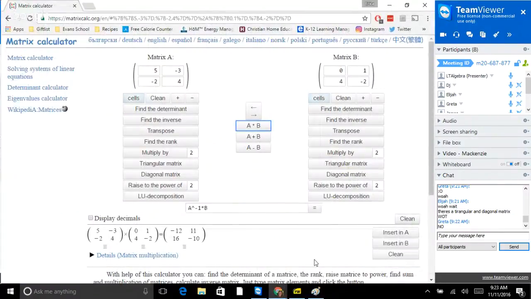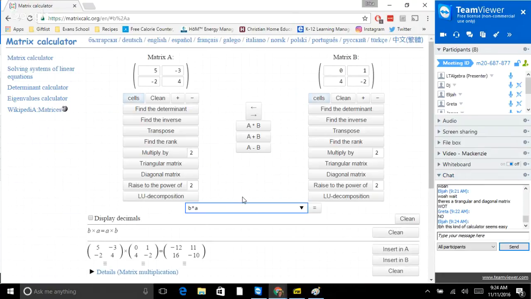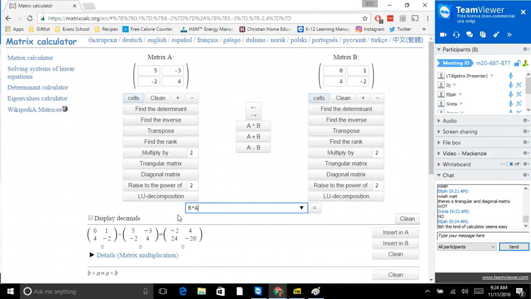Phew, right? Okay, so the next thing I want to do is check my B times A. So I can type that in here and do B times A. This is way easier, right? Oh, that didn't work. Maybe it has to be capital B. Capital B times capital A. There we go.